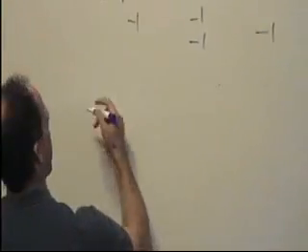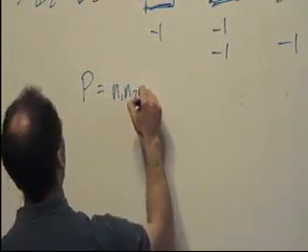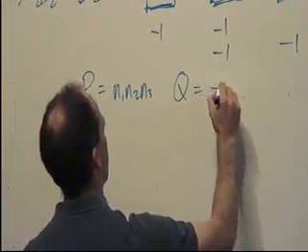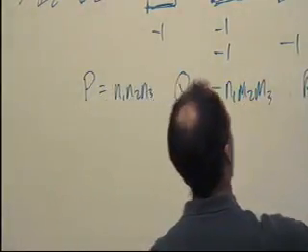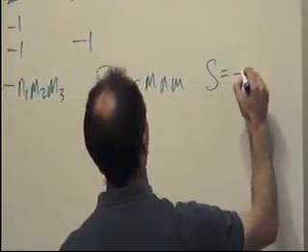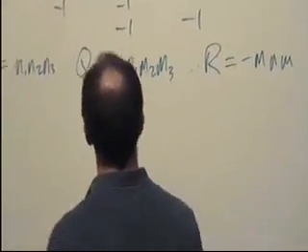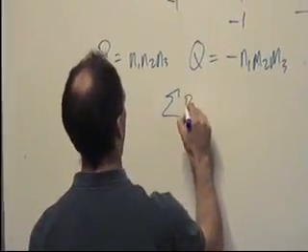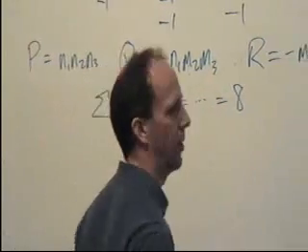And there are tadpoles, just like we had there: a tadpole P, which is N1, N2, N3, Q, which is minus N1, M2, M3, R, which is minus M, N, M, and S, which is minus M, M, N. And the tadpole constraints are that the sum of the P's equals the sum of the Q's equals 8.